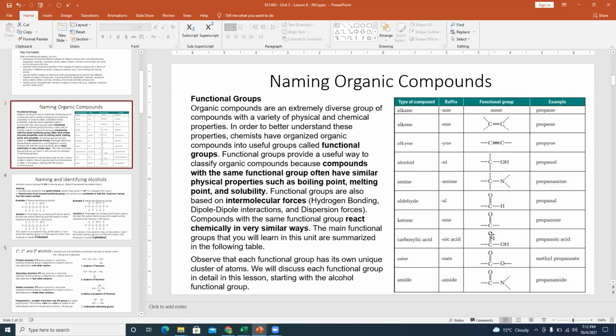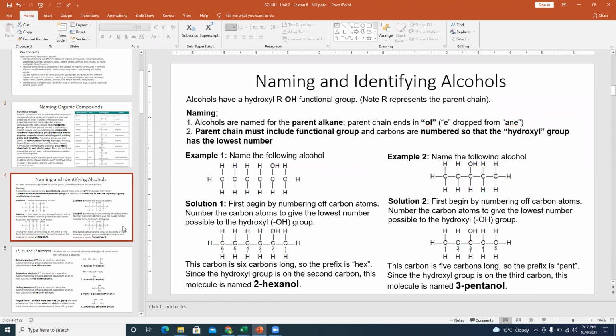And in future lessons, we will be talking about just what type of reactions these functional groups participate in, and what are the results of these reactions. So, right, we covered alcohols.